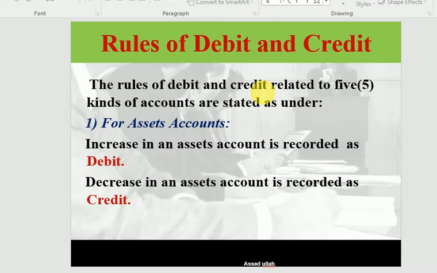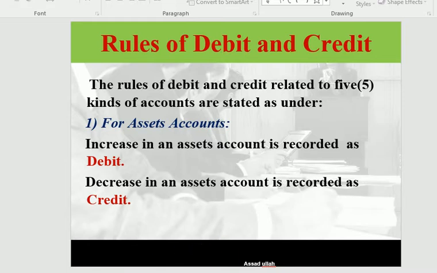In general, when we record this transaction, an increase in assets is recorded on the debit side and a decrease in assets is recorded on the credit side. So our transaction will be: furniture account debit, cash account credit.